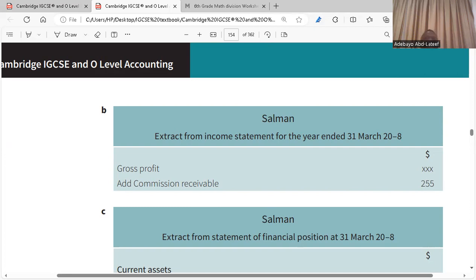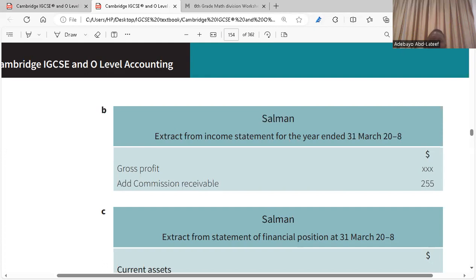It's going to be on the credit side of your profit and loss account in the income statement, the credit side, because it's commission receivable. Expenses is always on the debit side. So if it was commission payable, it will be on the debit side of your income statement, and it will be a current liability.